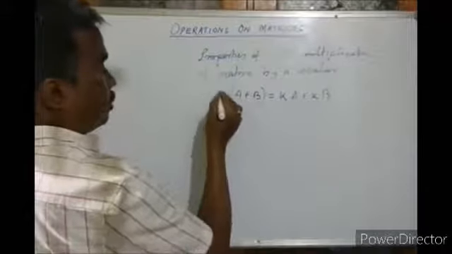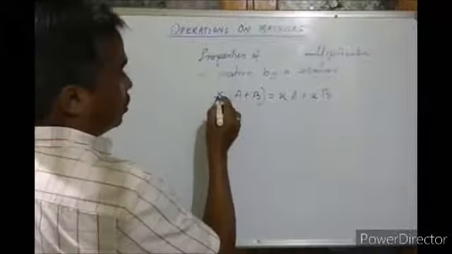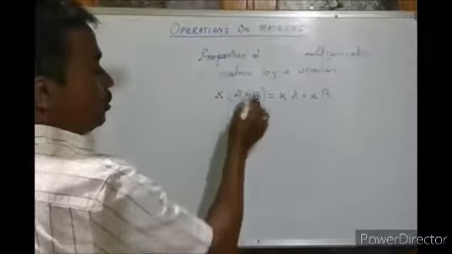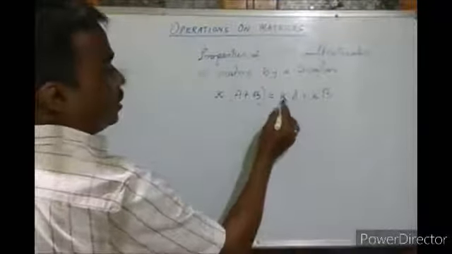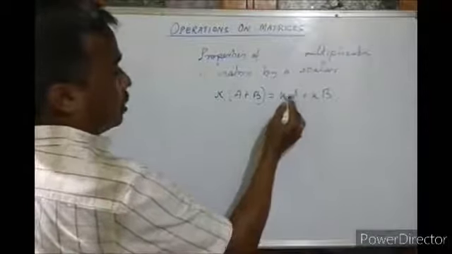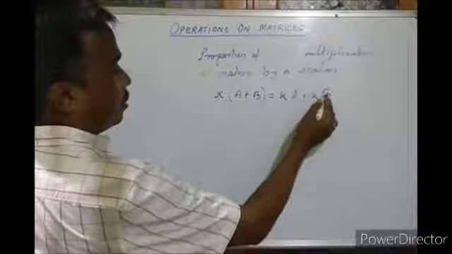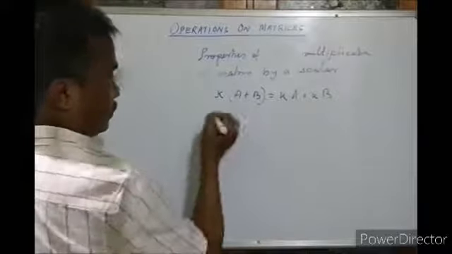If we multiply the addition of two matrices by a scalar, it is the same as the multiplication of the matrix by the scalar plus the multiplication of the other matrix by the scalar.